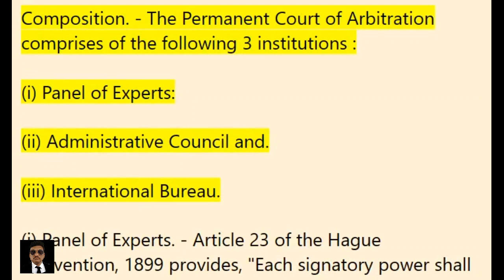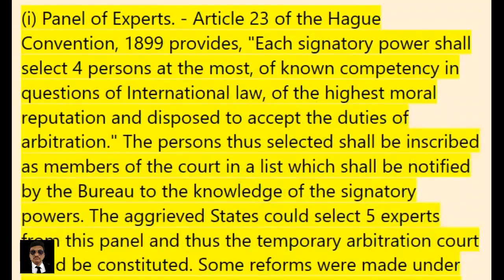Composition. The Permanent Court of Arbitration comprises the following three institutions: 1. Panel of experts, 2. Administrative Council and 3. International Bureau. 1. Panel of experts.